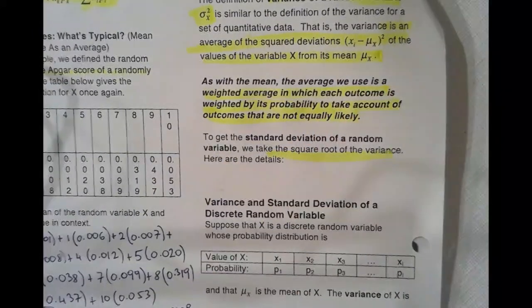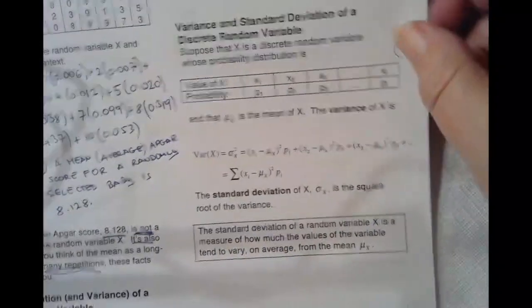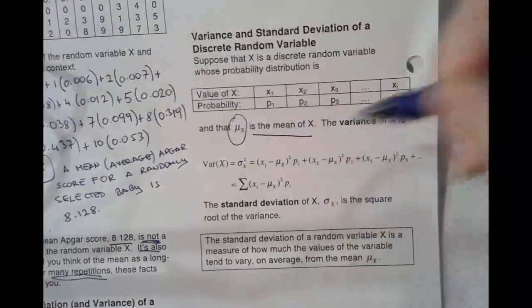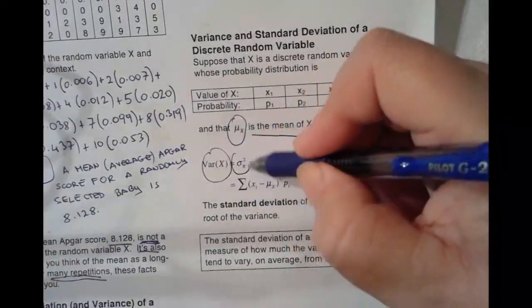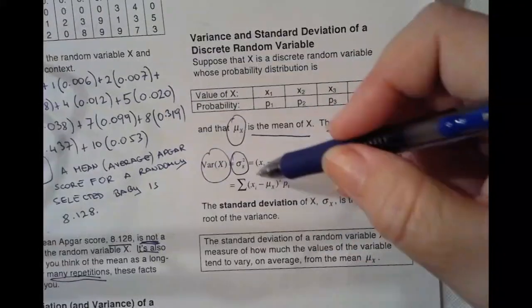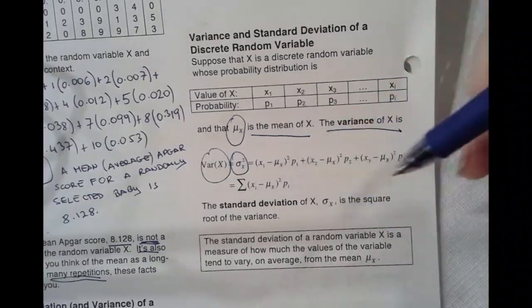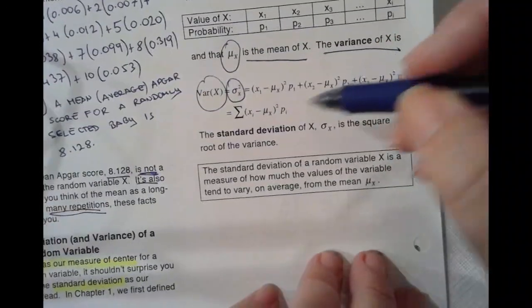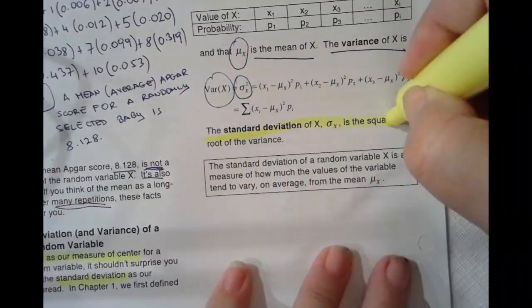So to get the standard deviation of the random variable, we take the square root of the variance. So here are your details. Variance and standard deviation of a discrete random variable. Mu of x is the mean of x. The variance of x is labeled as sigma of x squared, and you find the difference between the value and the mean. This formula is also given to you on a formula sheet, and you don't have to have it memorized. The standard deviation is the square root of the variance.